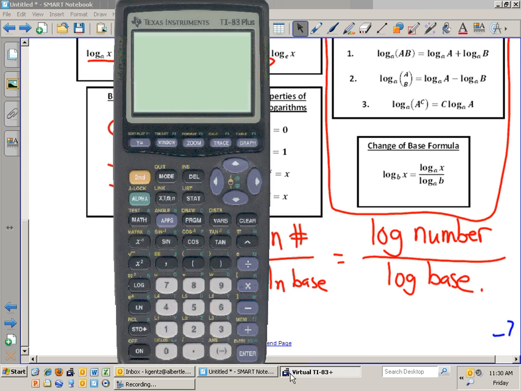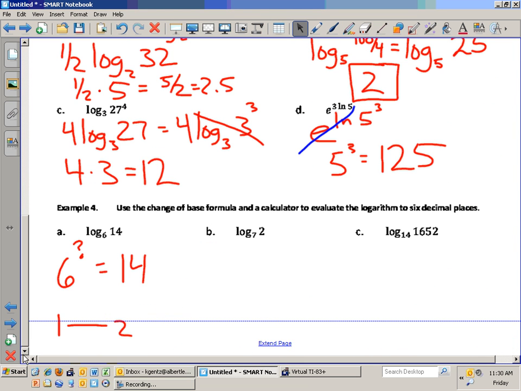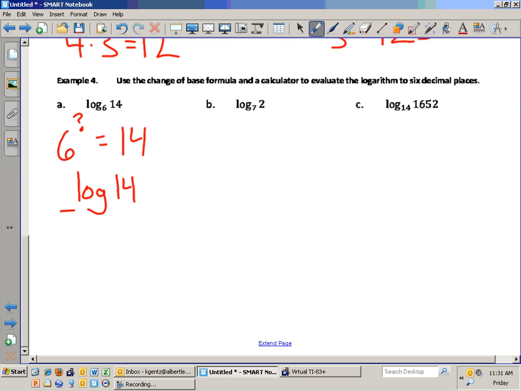So if you look at our previous problem again, it says, 6 to what power is 14? Well, I can figure that out. All I need to do is this. I do the log base 10 of 14 divided by the log base 10 of 6. And you just do it on your calculator.